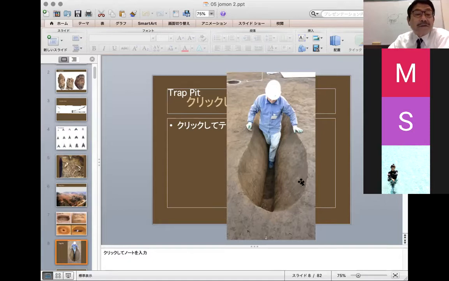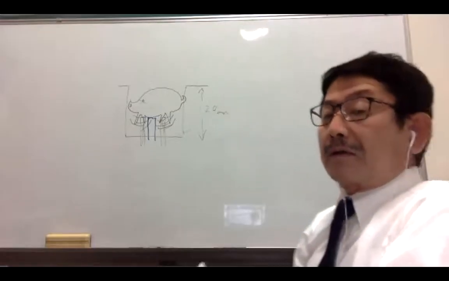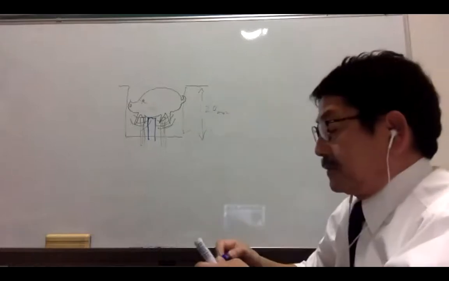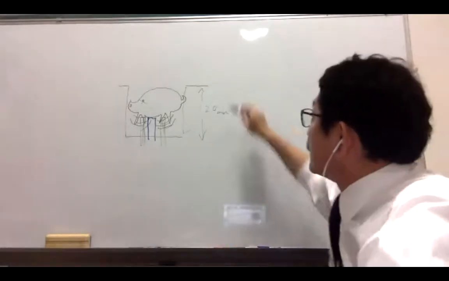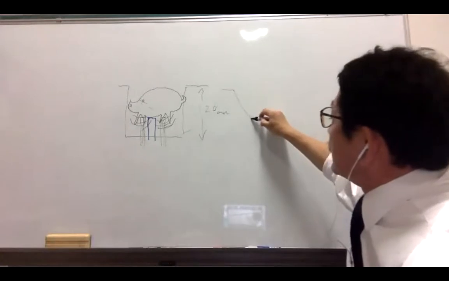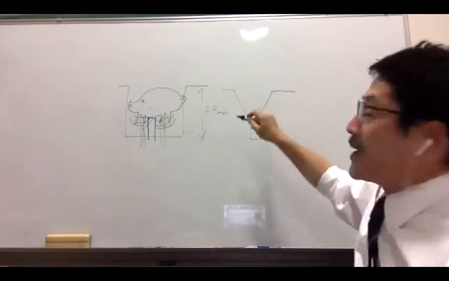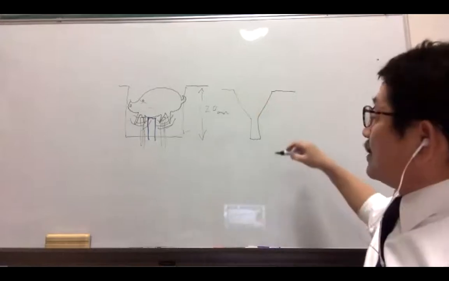And this is a different system. You don't see any remains of stakes or poles in this system. Okay. So the cross-section will be like this, a Y-shaped cross-section.